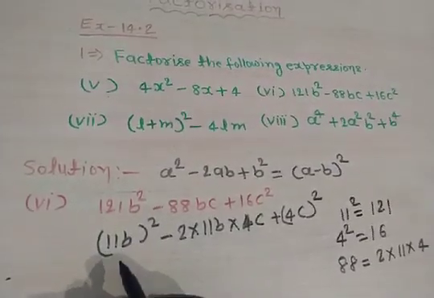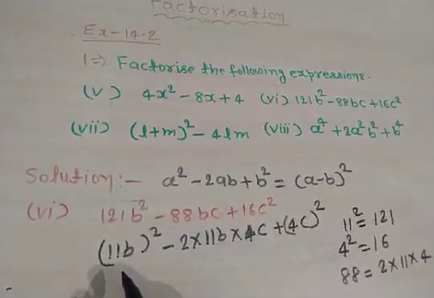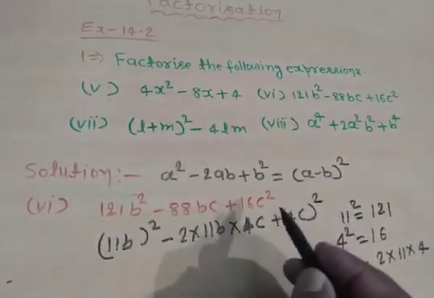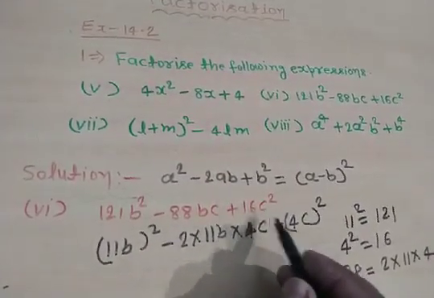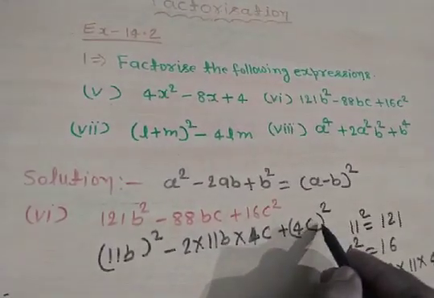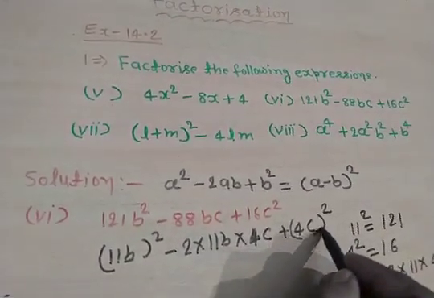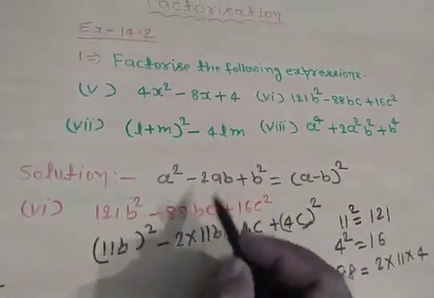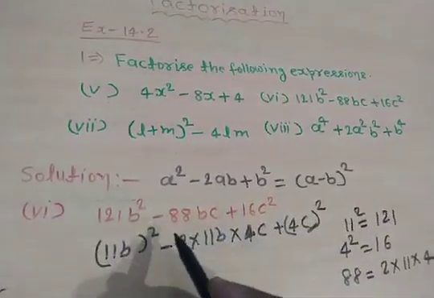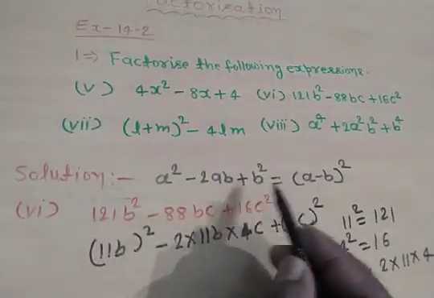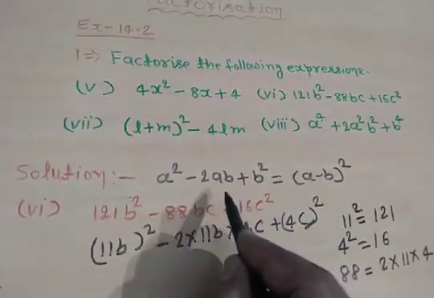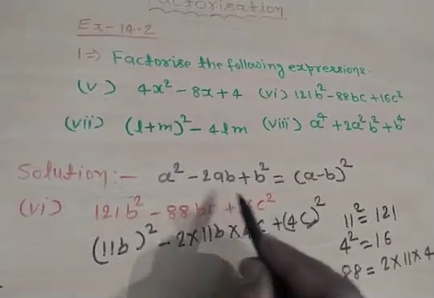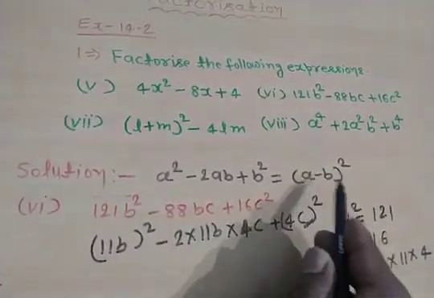So you can write square of 11 is whole square of 11b, and 16 c square is whole square of 4c. Okay, if we compare it from this identity, we obtain this is a square, this is b square, this is 2ab. Okay, so it's equal to a minus b, whole square of a minus b.